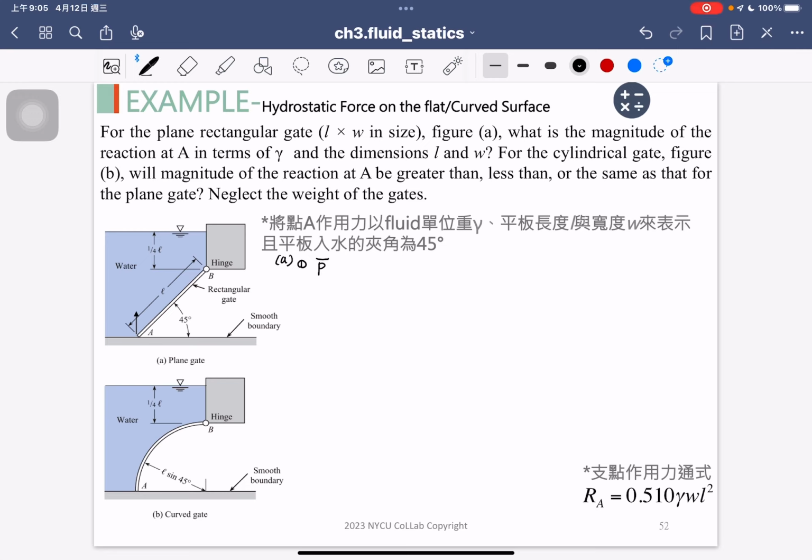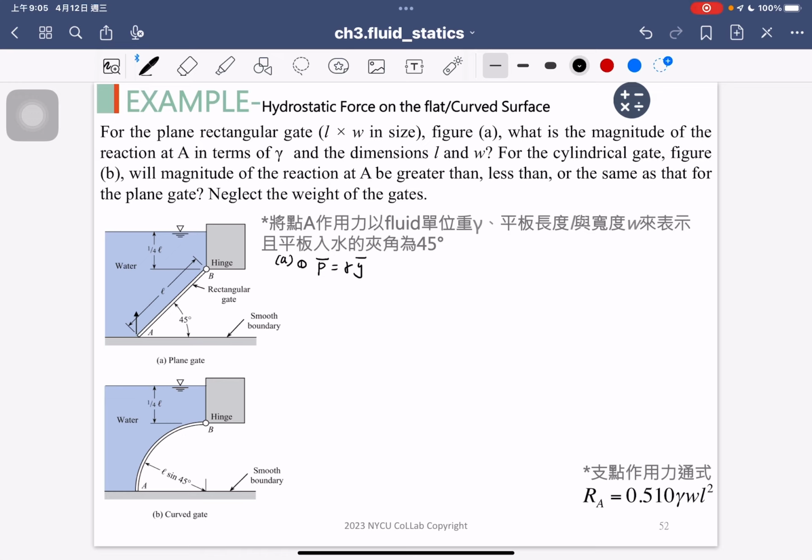And we know that the hydrostatic pressure is equal to gamma, the liquid specific weight, times, where is the center of gravity? So we need to know the y bar.